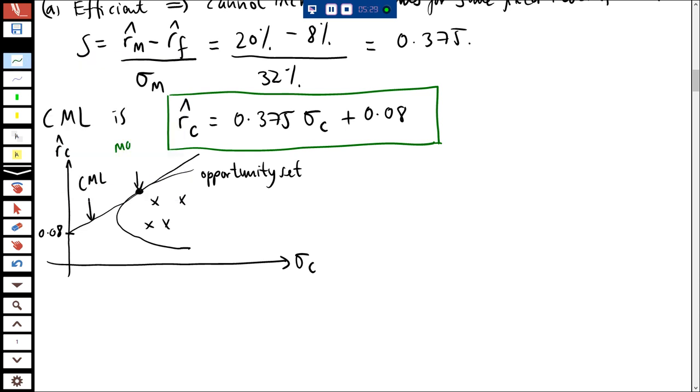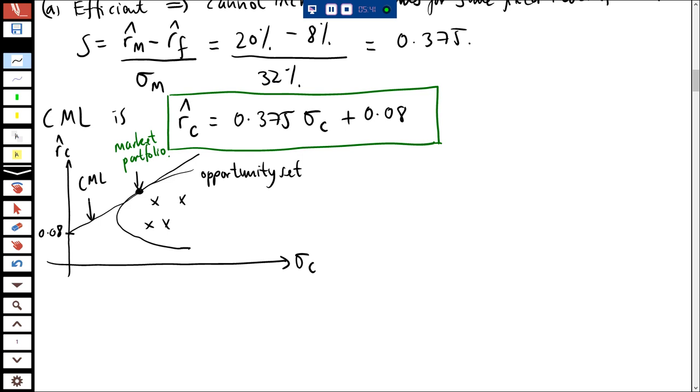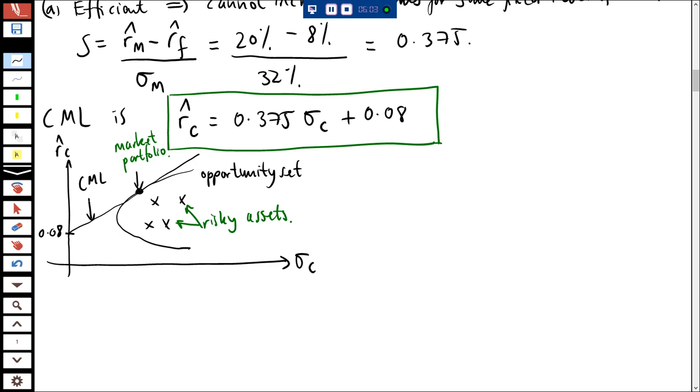This is the market portfolio, tangential to the opportunity set, sitting on the capital market line. Okay, not much more to say there. I suppose I could label these up. These are the risky assets, individual risky assets. I think that picture is clear enough. Okay, so that's part A.